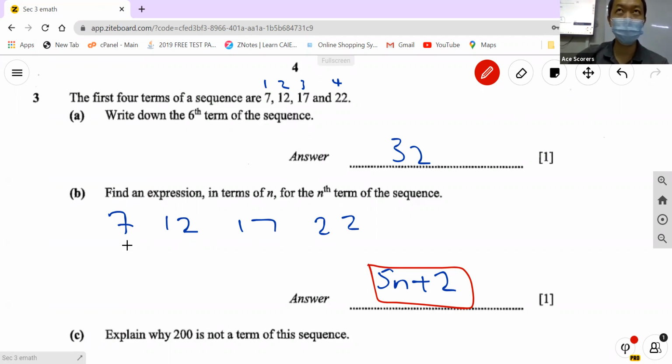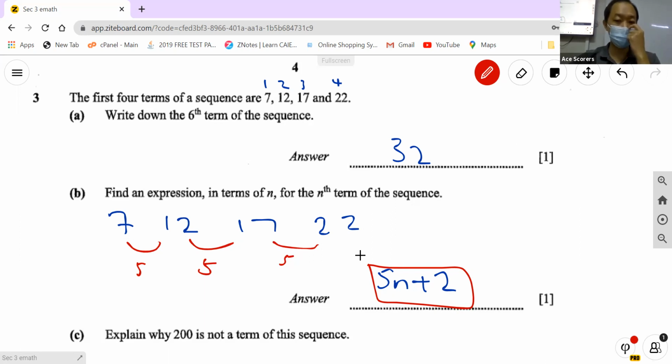There's a fixed way of finding this. For example, you are given 7, 12, 17, and 22. What you do is you look at the difference. What's the difference between here and here? It's 5. The difference is 5, difference is 5, difference is 5.